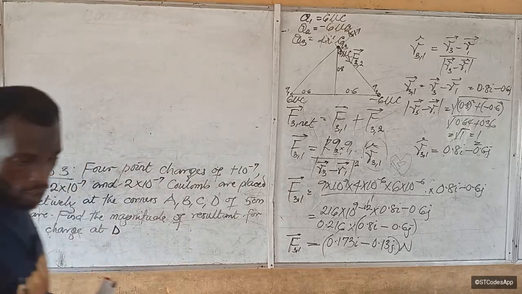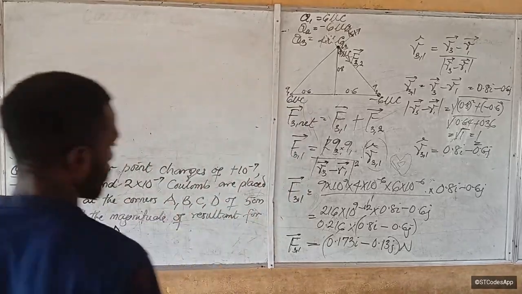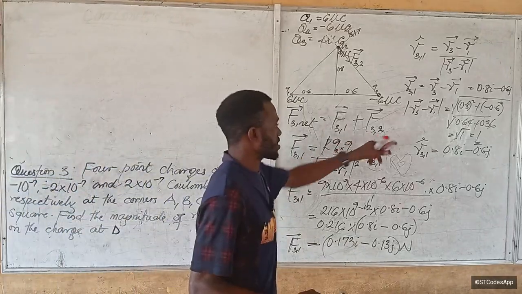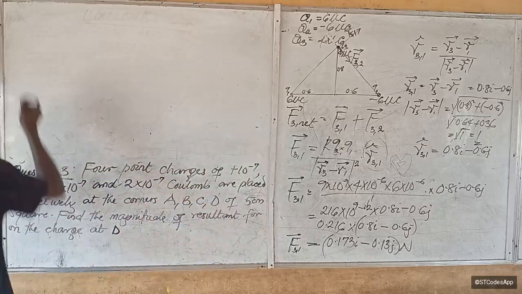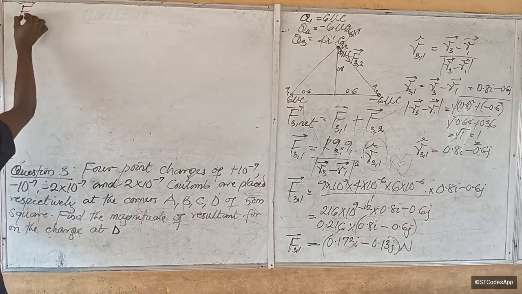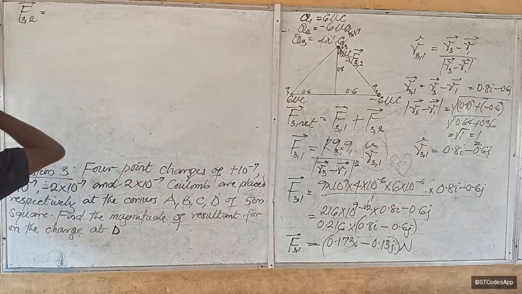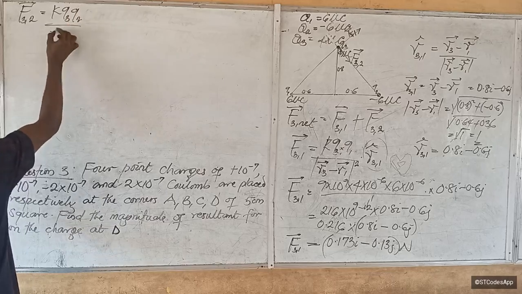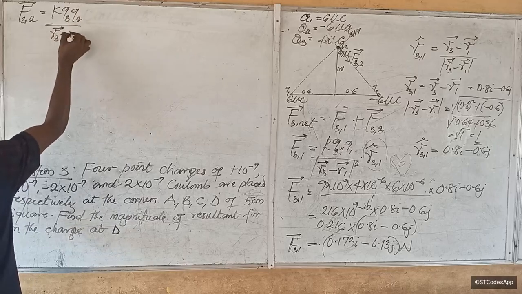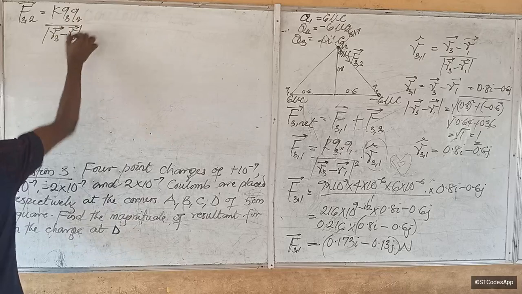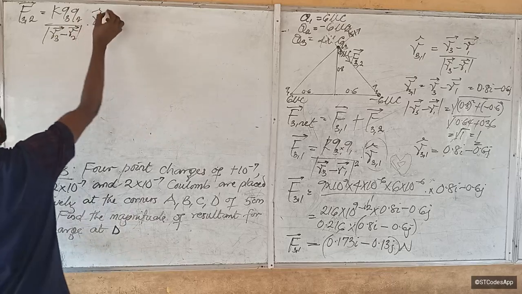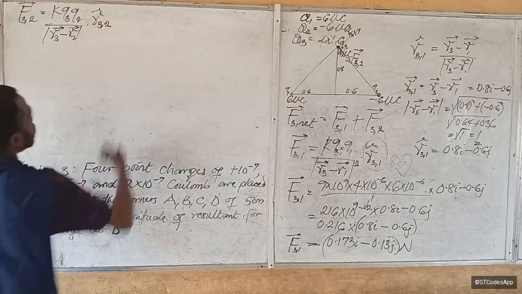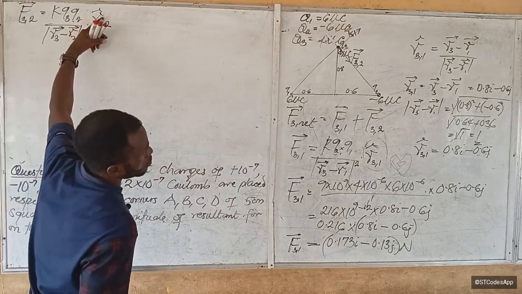I hope you have copied the questions. So now I want to find F32, so we want to find F3,2. That becomes KQ3Q2 over the absolute value of R3 minus R2, times r hat 3,2.